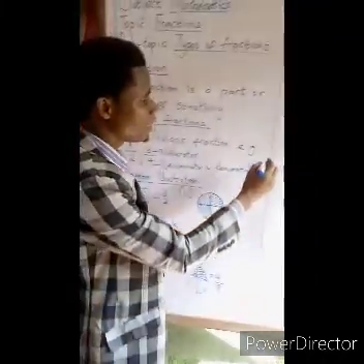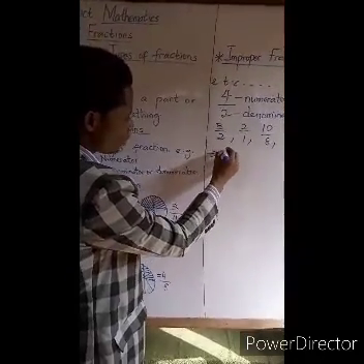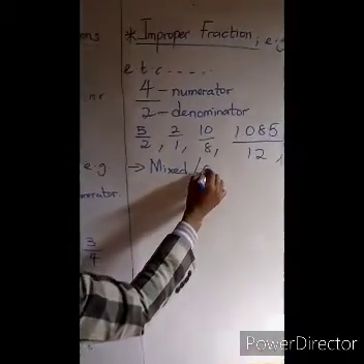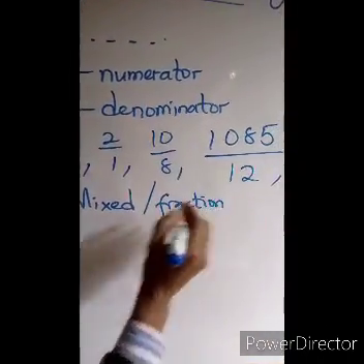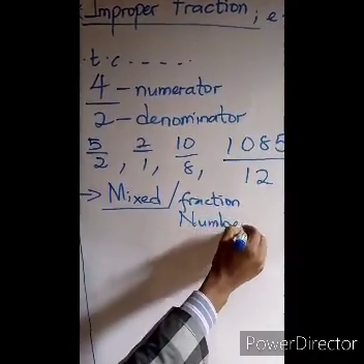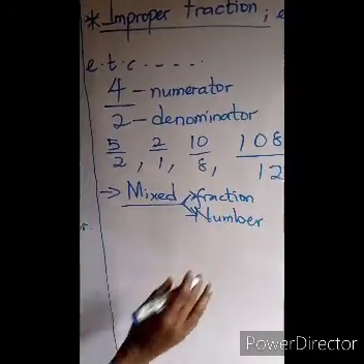In our next lesson, we shall be treating the remaining two types of fraction, which include mixed fraction. You can also call it mixed number. Any of the two is correct. You can call it mixed fraction or mixed number.